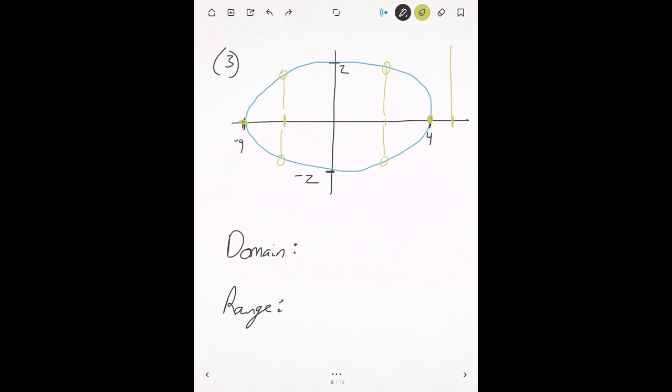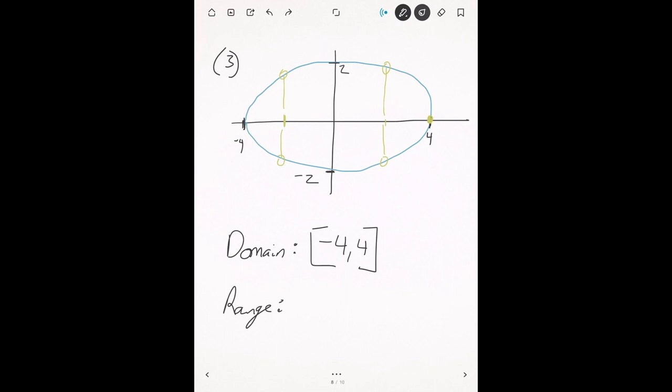So it seems to me that my domain is -4 to 4. And I'm going to include those endpoints, because everything between -4 and 4 will give me a coordinate point. And really, you can see this by asking yourself, how far left does my graph go? Well, it goes as far as -4. And how far right does it go? Well, it goes all the way to +4. So there you go. That's the domain. That's really what it visually is representing.